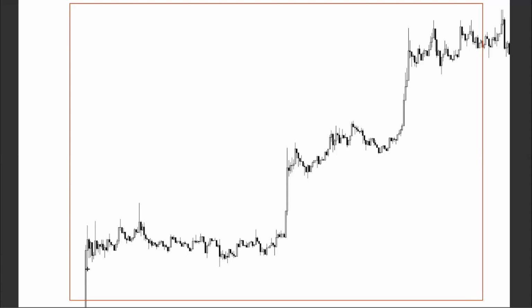The second is that the size of the move doesn't matter, because someone could have bought this with a $200 stop loss and rode it all the way up, and they would make the same as if I'd bought this with a $10 stop loss and taken profit here. So I'd try and get out of the mindset that you're missing out if you're not in on a big move, because size of the move doesn't matter.